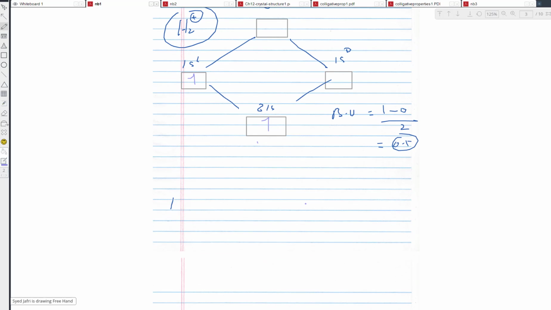Try this one: He2 positive. We have He2 with a positive charge. What is the bond order?